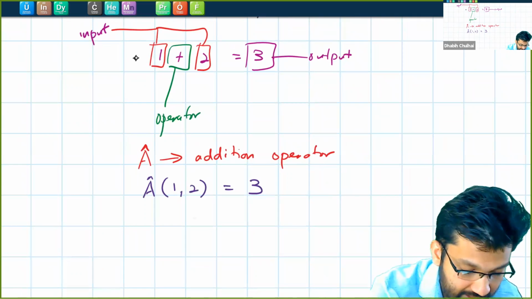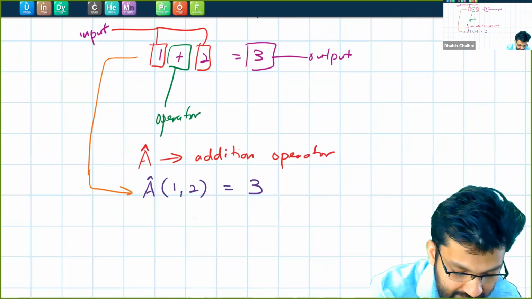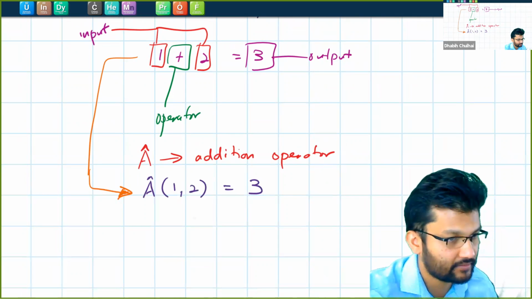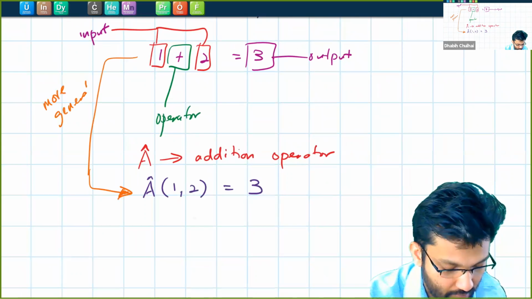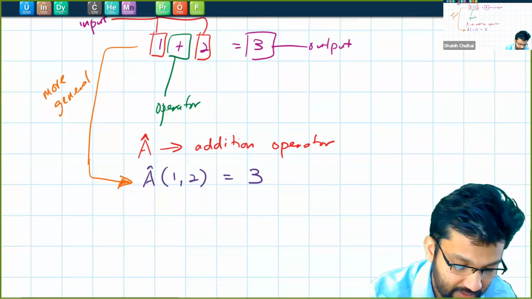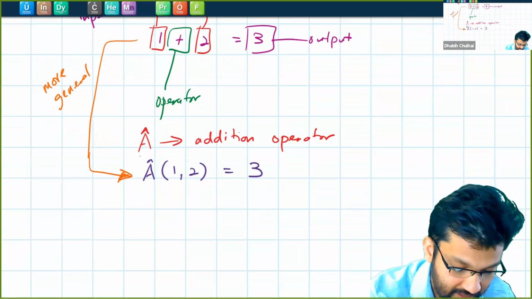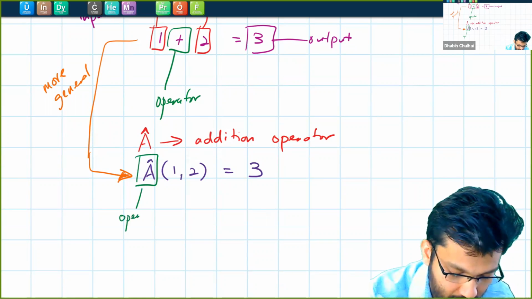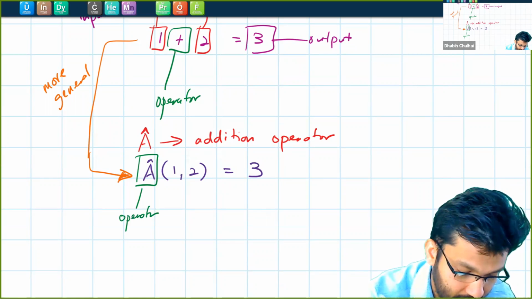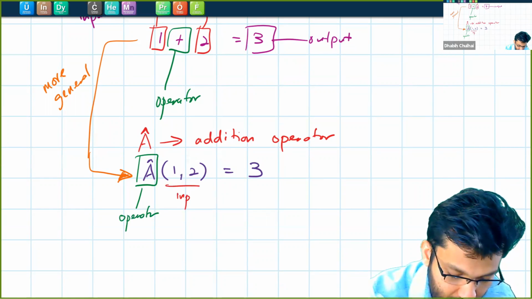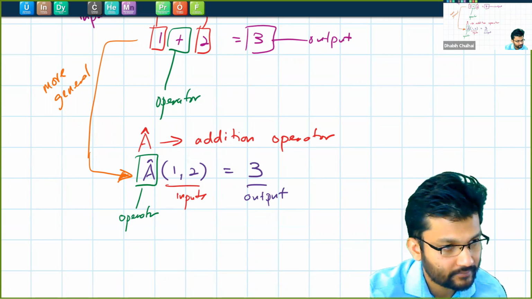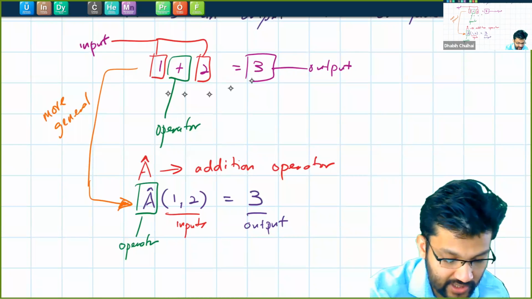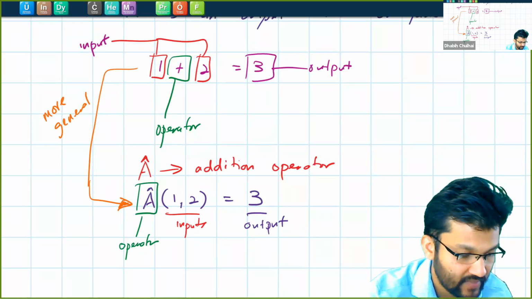So in theory, we could take this expression over here and rewrite it like that to be more general. Everybody still with me? So here, this is the operator, right? These are the inputs, and this is the output. It's the same way to write the equation above, just in a more general way.